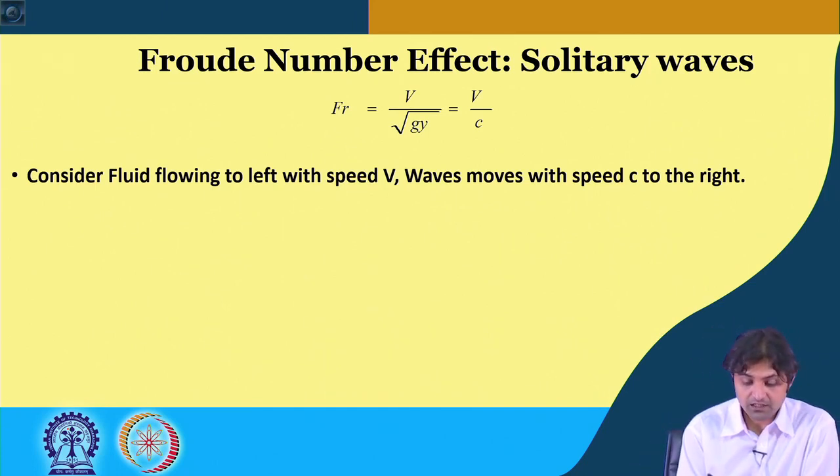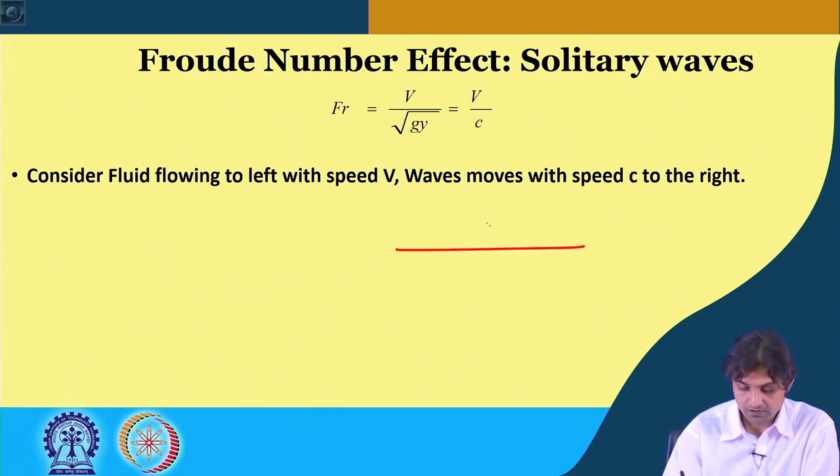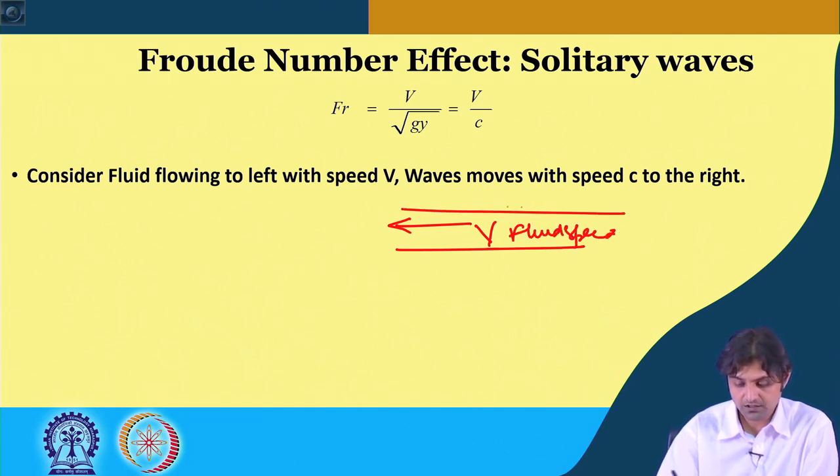So, if we consider a fluid which is flowing to the left with speed v, assume an open channel, without boundaries actually, all right. The fluid is moving to the left with speed v, and there is a wave that is generated and is travelling with speed c to the right.